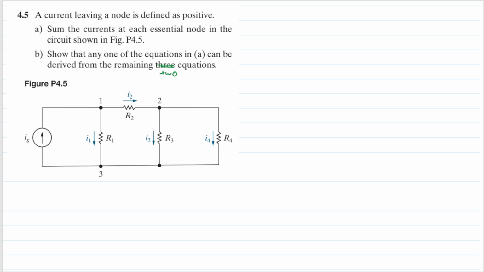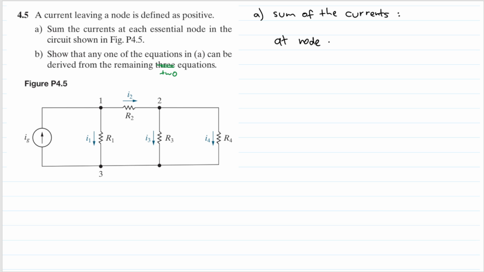So we start from A here. Sum of the currents. Okay, and we define the current leaving the node as positive. Okay, maybe let's start at node 1.